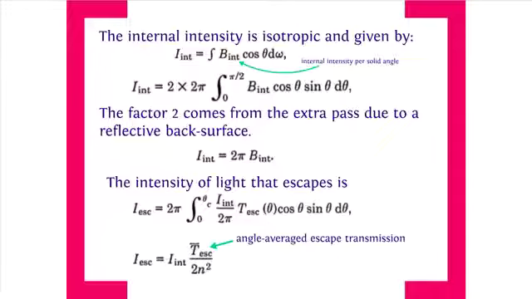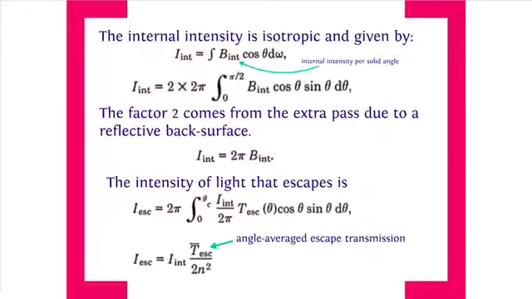Now, that's what's inside. Now let's compute what escapes. The intensity of light that escapes, called I_escape, is exactly the same equation, except that you don't have that extra factor of 2 because there's nothing coming back. You're not getting that reflector on the top, right? So we're only looking at light escaping to the top. There's nothing going down because you have a reflector there. So same equation, 2 pi, then same integral.